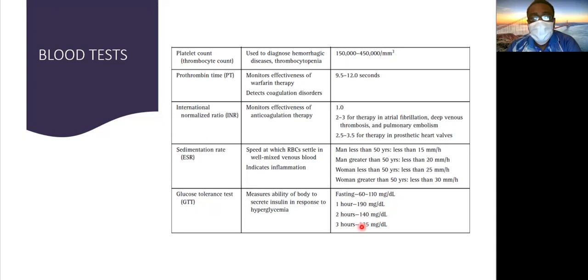And at the 3 hour mark, normal value should be 125 milligrams per deciliter. Usually, we commonly think of using the glucose tolerance test for pregnant women to assess for the presence of gestational diabetes. And the test is usually performed somewhere between 24 and 28 weeks.